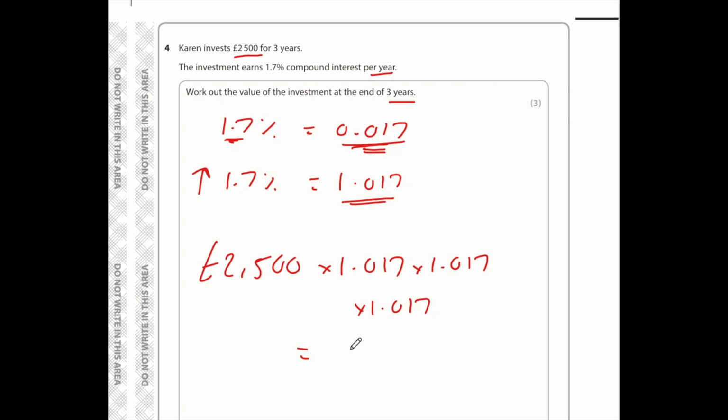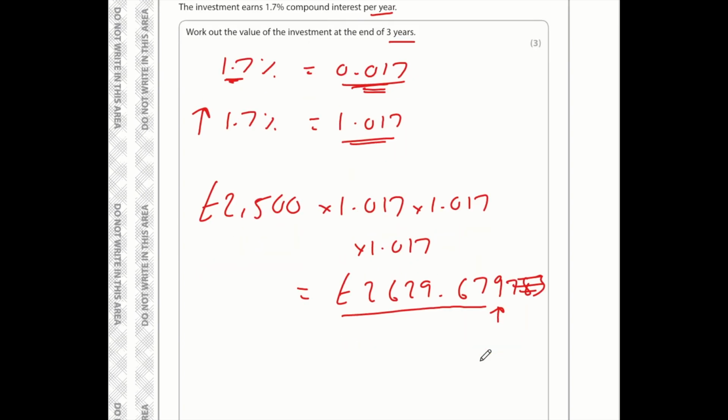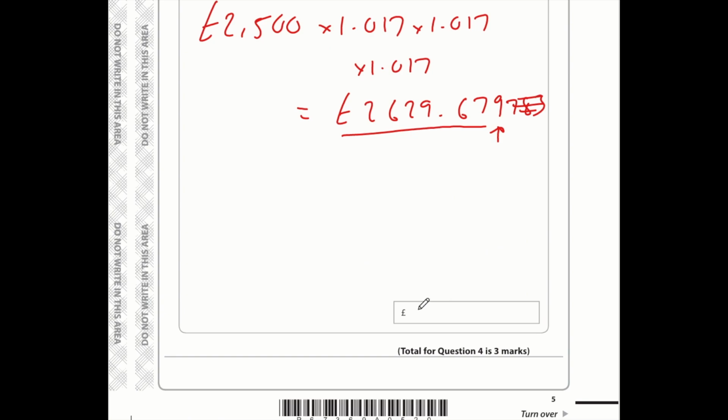And what do we get? We get 2,629.679783. I'd probably round it to the nearest pence, so the 9 will turn that 7 into an 8. So I'll round that up to £2,629.68.